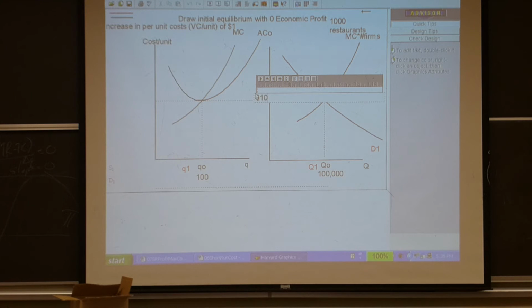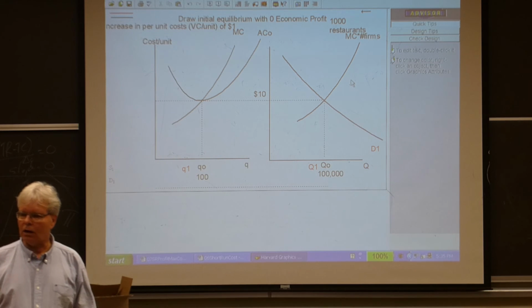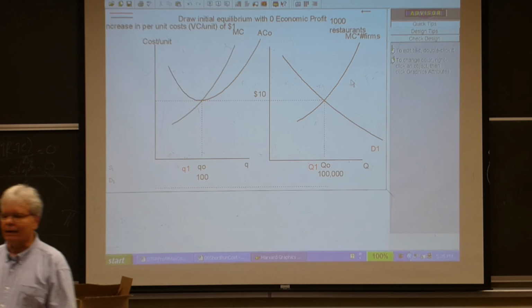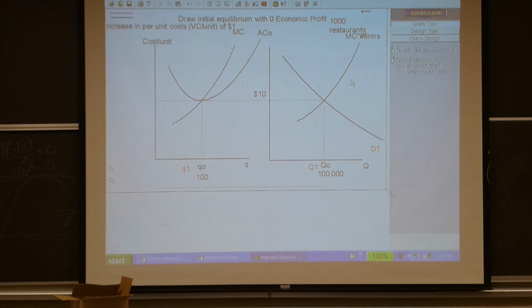So restaurants in Toronto are $10. Let us say that the price of fuel, or labor, or electricity, or meat, or whatever it is, goes up. These are all variable costs, such that every meal costs $1 more. Right? Good. Now let's see if you can figure this out.